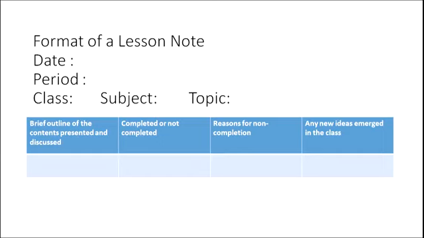In its columns, we have a brief outline of the contents presented and discussed, completed or not, reasons for non-completion, and any new ideas that emerged in the class. Many times we have very spontaneous but very fruitful discussions in the class which result in very meaningful insights and ideas.